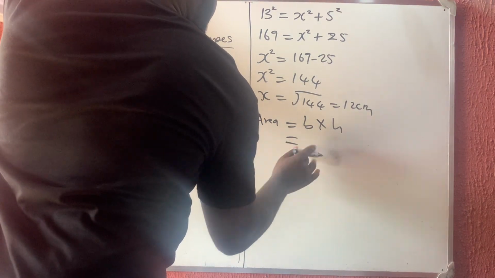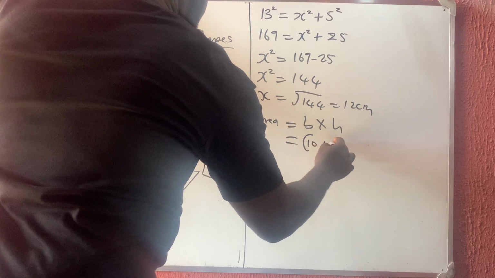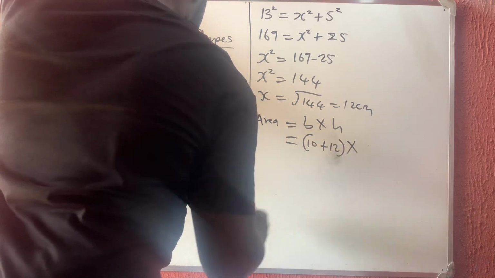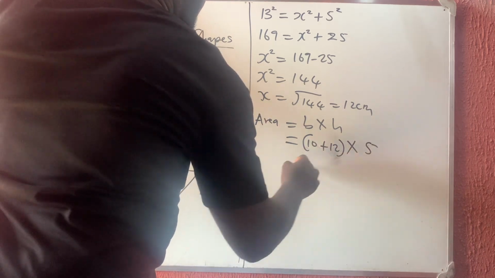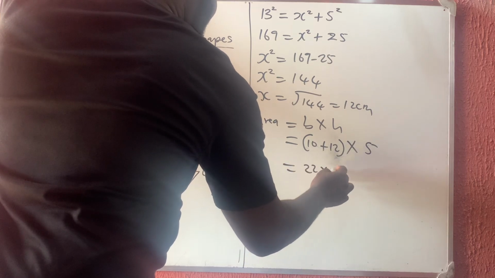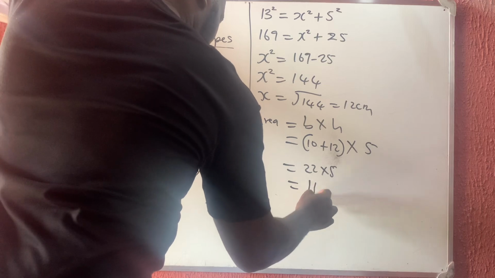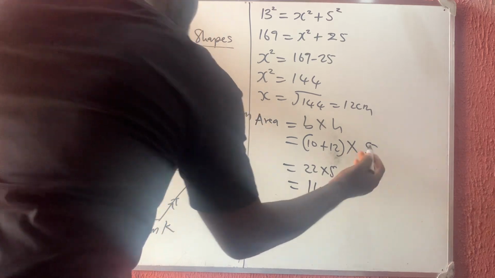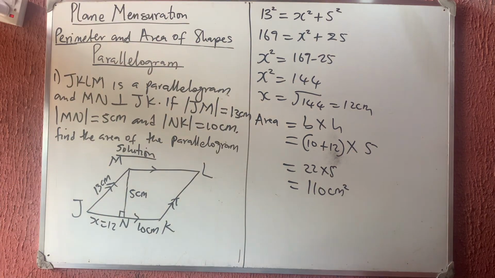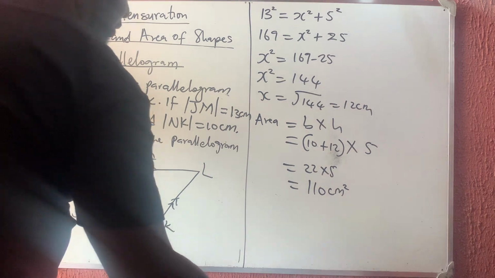Then times the height. The height obviously is 5. So this is 22 times 5, which will give you 110 cm squared. So it is very, very simple to calculate. Okay, so we move to the next question.